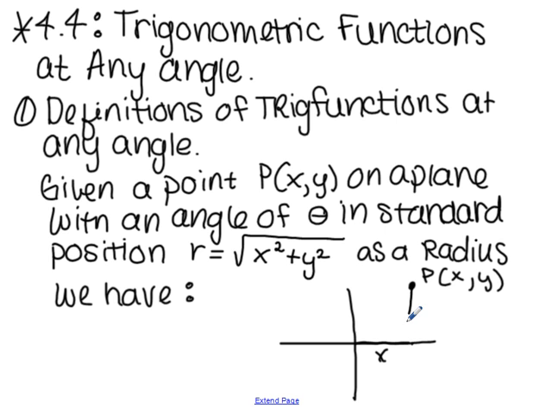The vertical distance is y. This is a right angle, and this is my value for r. We can use sine, cosine, and tangent, and opposite, adjacent, and hypotenuse to figure out some new definitions given a point at any angle. So let's come up with those definitions.